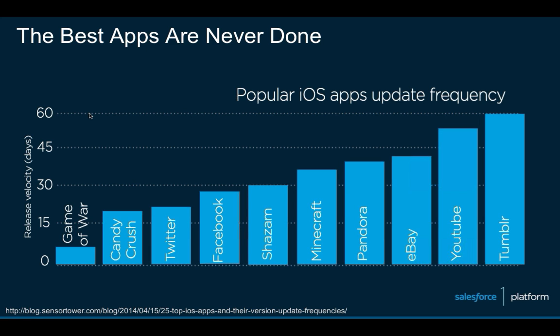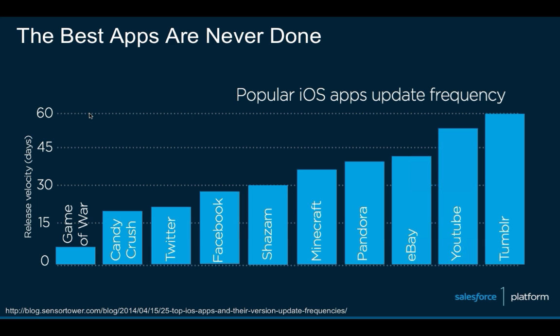Things like Candy Crush and Twitter and Facebook, Shazam, 30 days. I know Facebook actually has a much more compressed release cycle than that, but 30 days is a very short time, traditionally speaking, to think about creating and releasing a new version of your app. And the reason for this is because they found that it's necessary and it works.